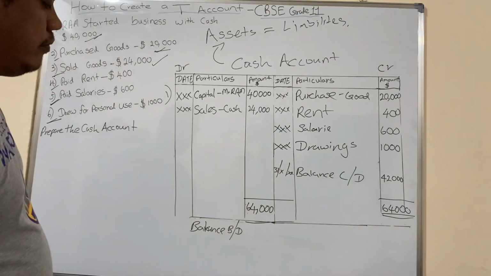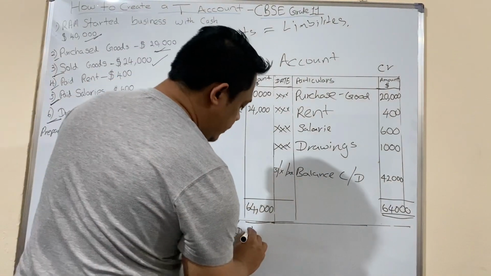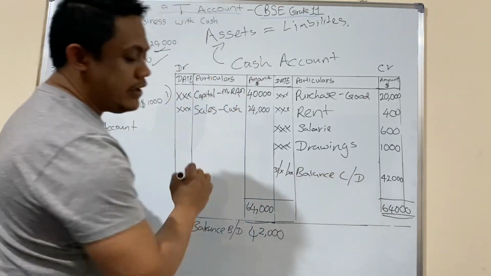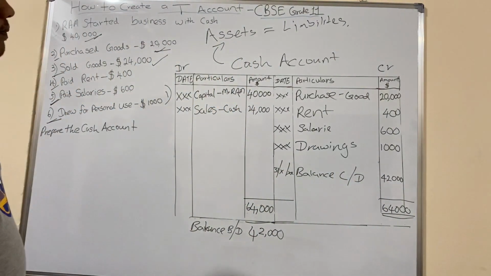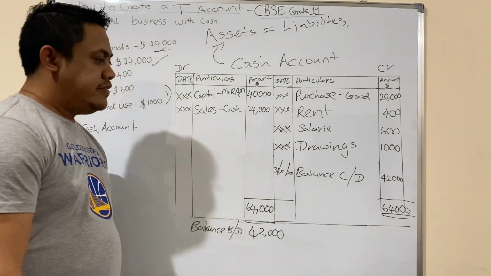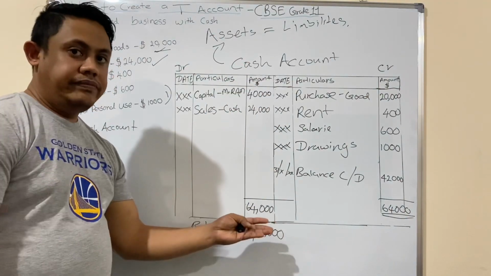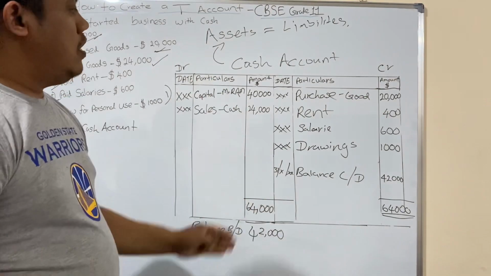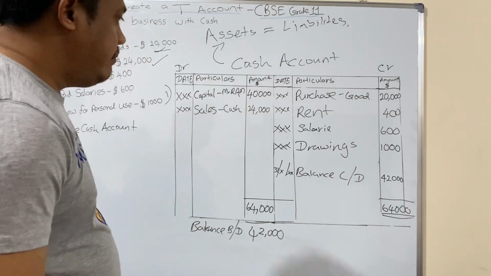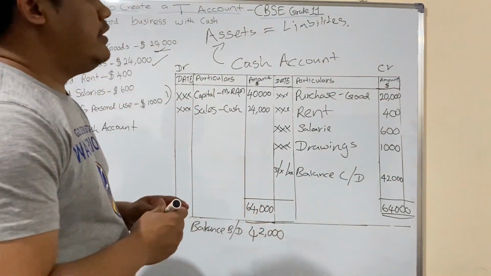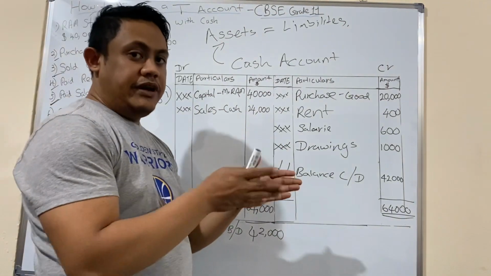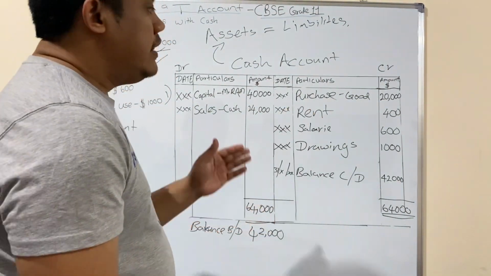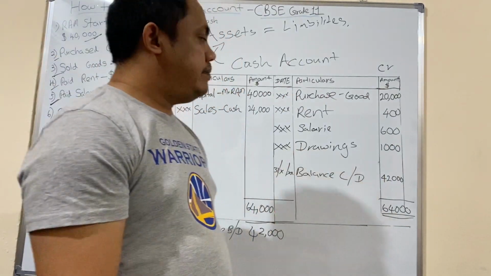BD means what? Brought down. 42,000. So this is the end of the cash account. Now you see, whenever cash is increasing, all the entries will come on the debit side, and whatever transactions happen inside the business that decrease it will be on the credit side.